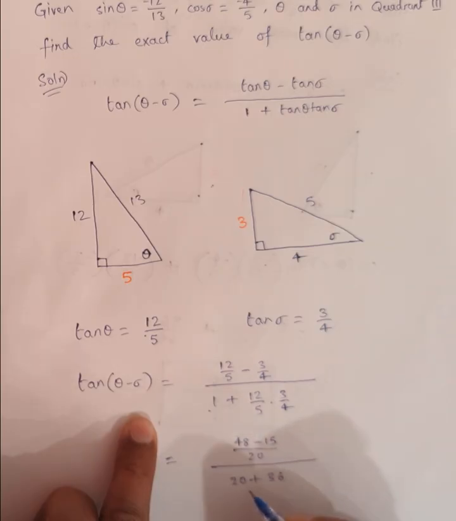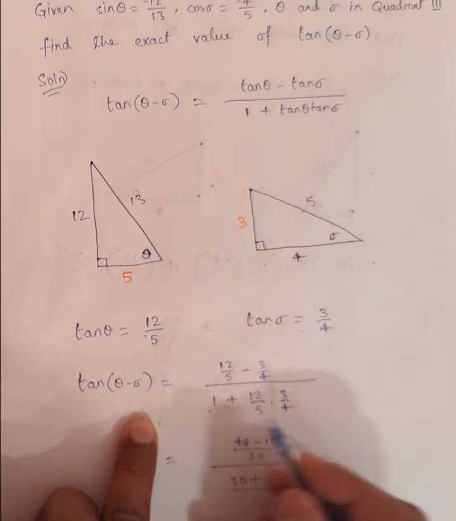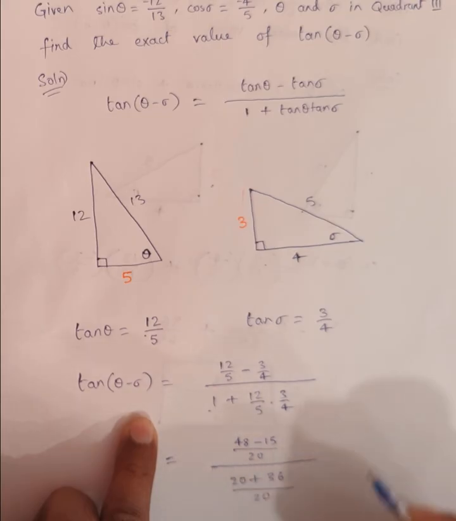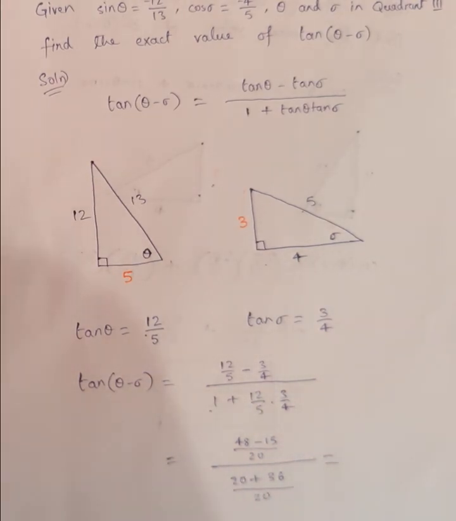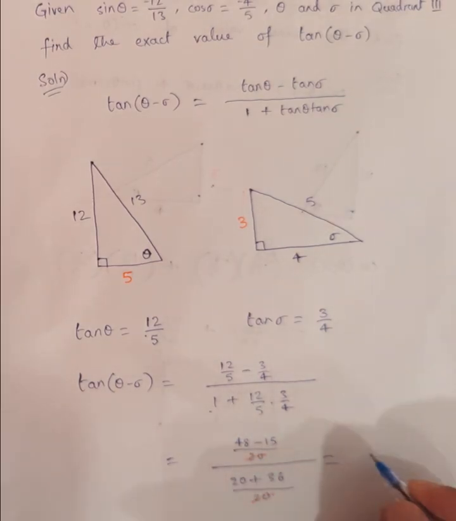So that's 36 over 1 times 20 is 20. Now notice if you have a complex fraction where each denominator is 20, you can get rid of that. So the final answer will be 48 minus 15, which is 33, divided by 20 plus 36 is 56.